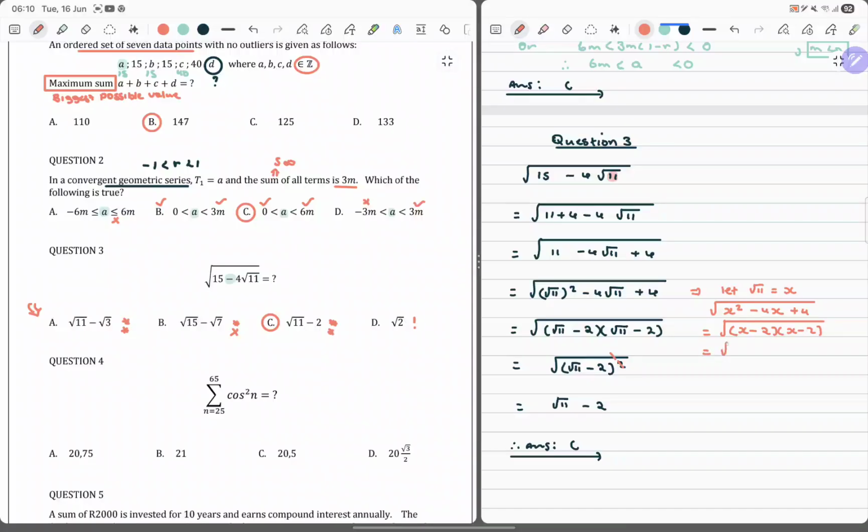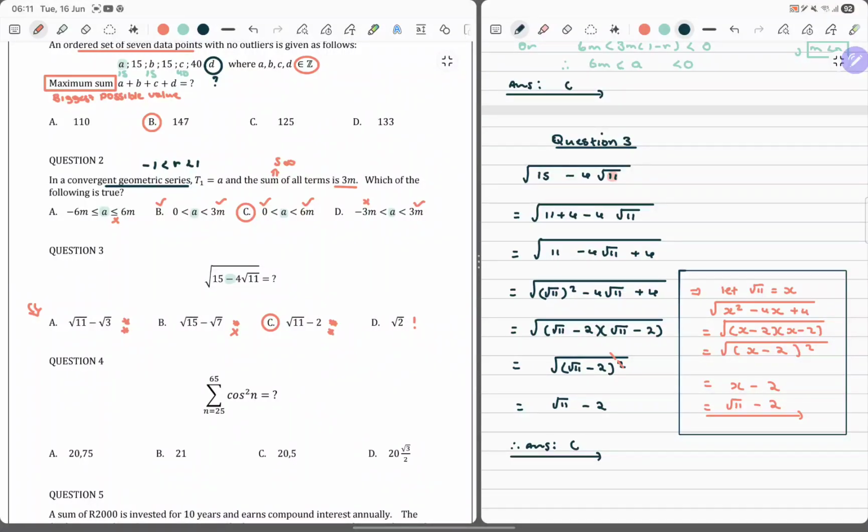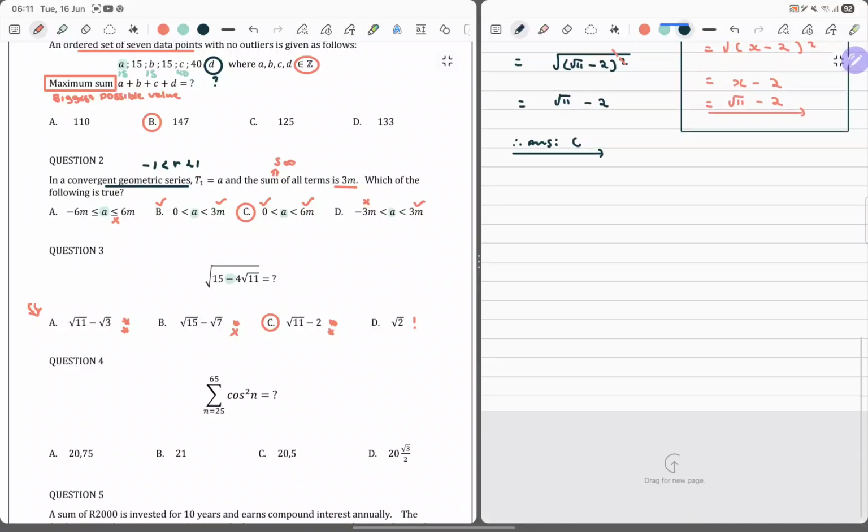Either way, folks, how you see it is how you go through it, isn't it? And all we end up with is x minus 2. But then what is x? Root 11 minus 2. So at times one may try to create an algebraic equation out of an arithmetic expression, in which case one must always have an open mind. So gain experience, folks, and learn how to deal with these problems efficiently.